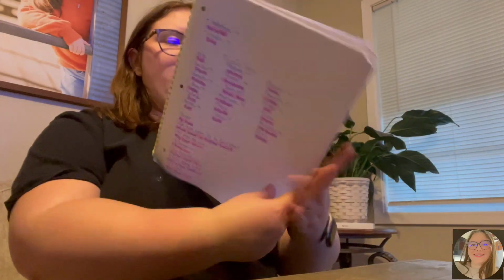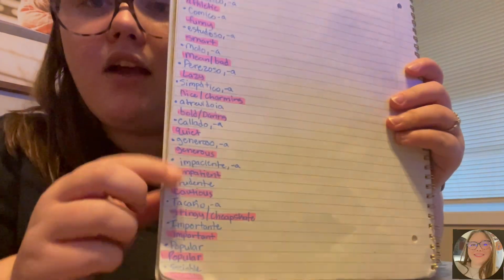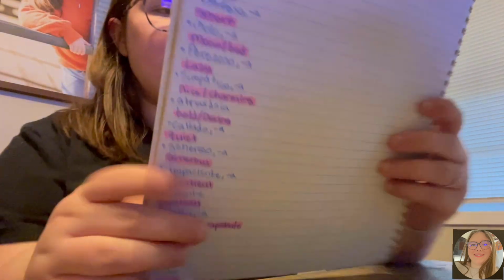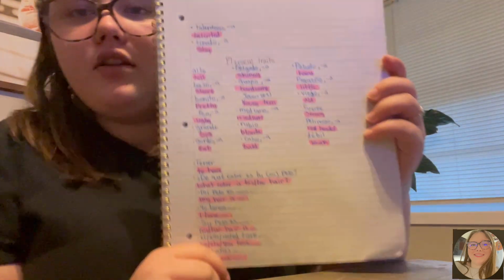Okay, here we go. Normally I do my notes like this: the Spanish word, then the English word. I just think it's better laid out that way, but I don't have enough room for it all to be laid out that way.